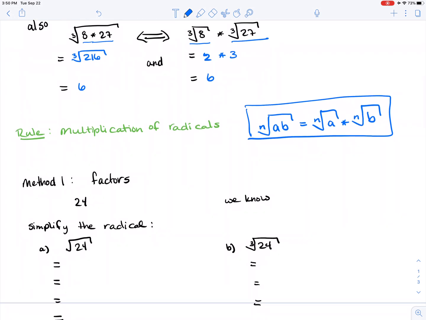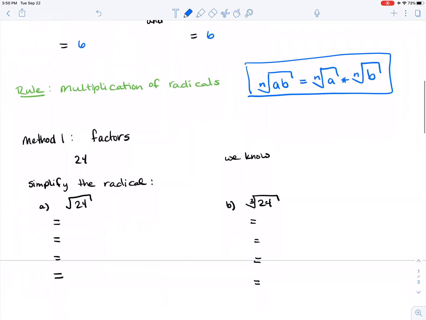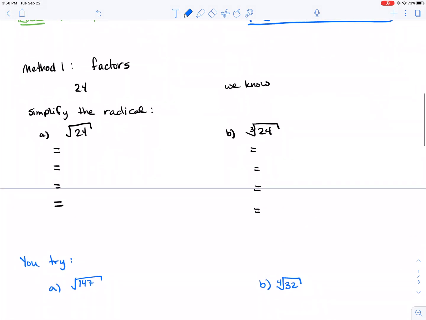Now how do we simplify a radical like this? There are two methods. The first method is using factors. So if we look at the number 24, we know the factors of 24: it's 1 and 24, 2 and 12, 3 and 8, and 4 and 6.